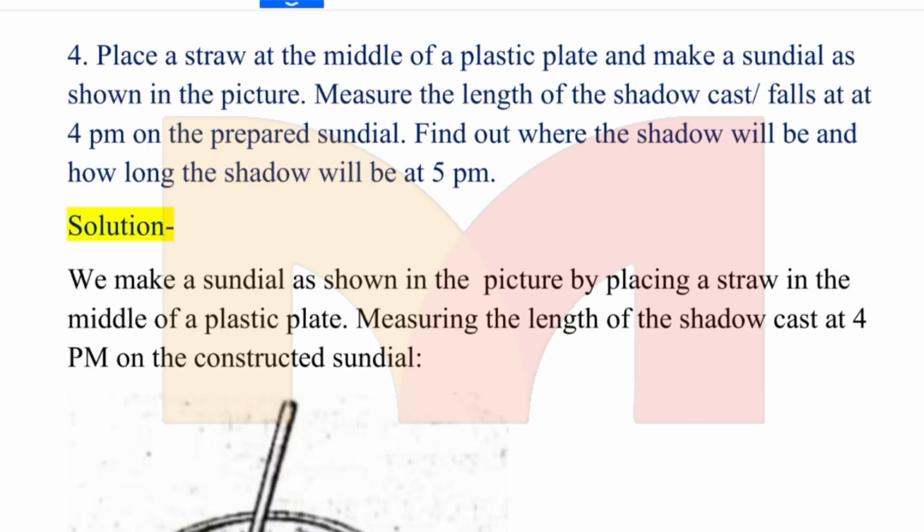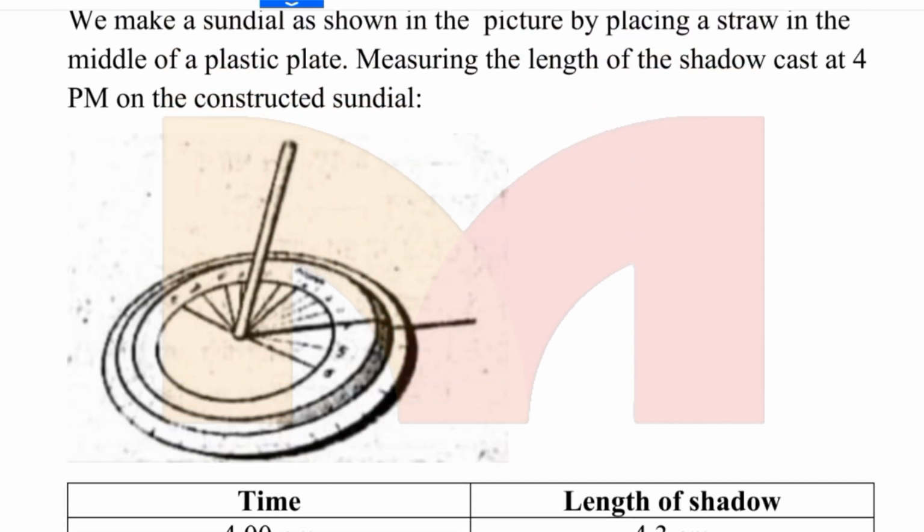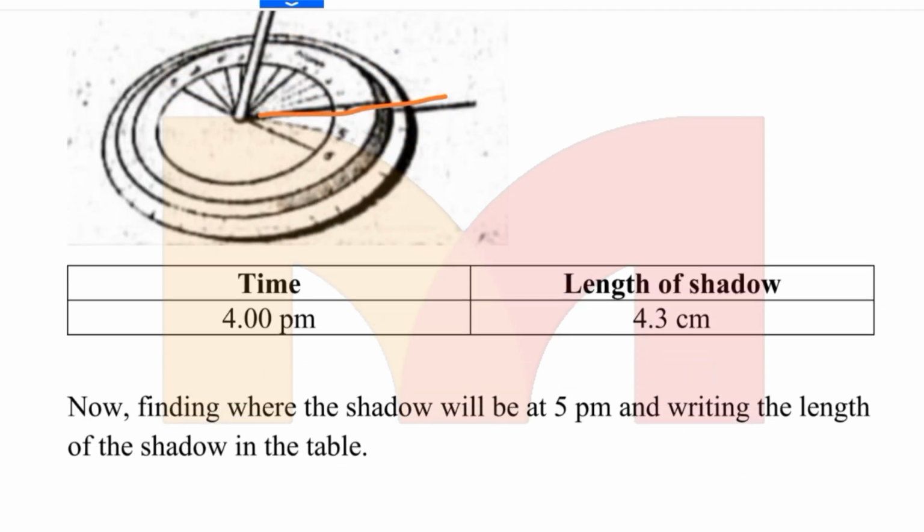Here is the answer. Solution. We make a sundial as shown in the picture by placing a straw in the middle of a plastic plate, measuring the length of the shadow cast at 4 p.m. on the constructed sundial. See the image. It denotes 4 p.m. here. Now, time 4 p.m., length of the shadow is 4.3 centimeter.